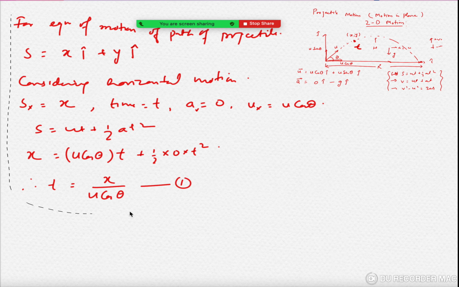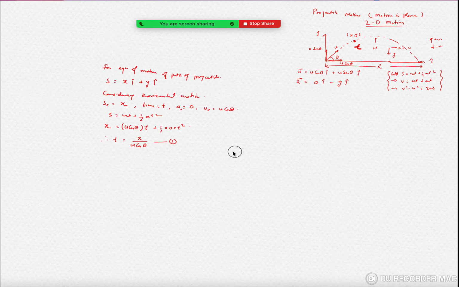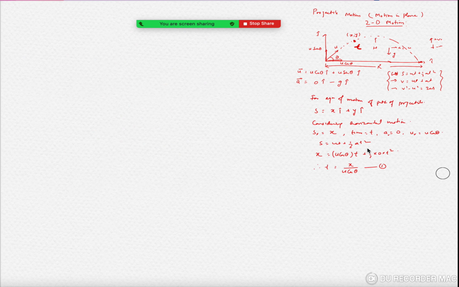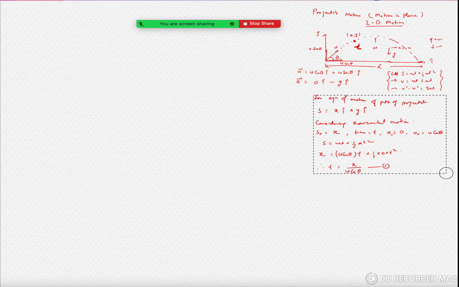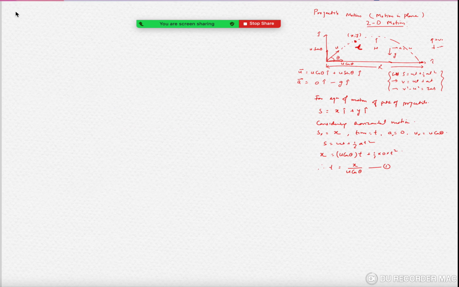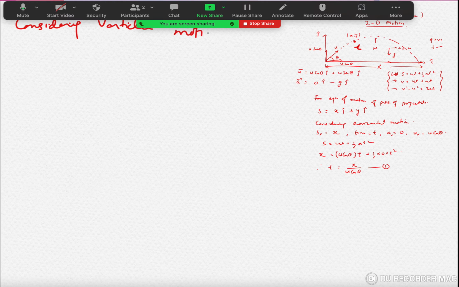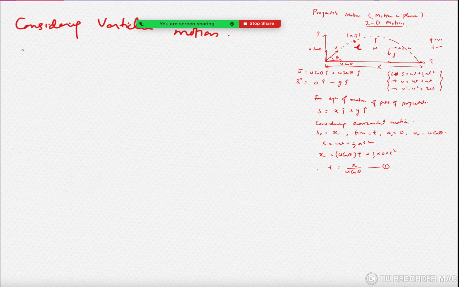Now we'll consider vertical motion. In vertical motion, your initial velocity uy is u sin theta.